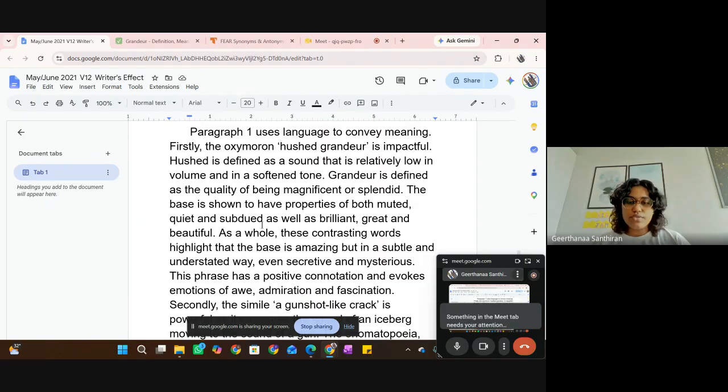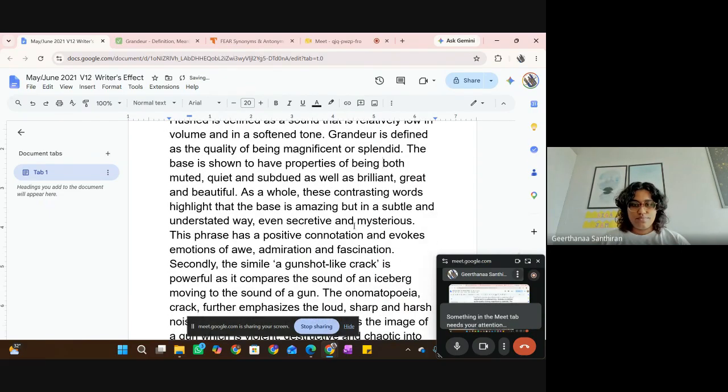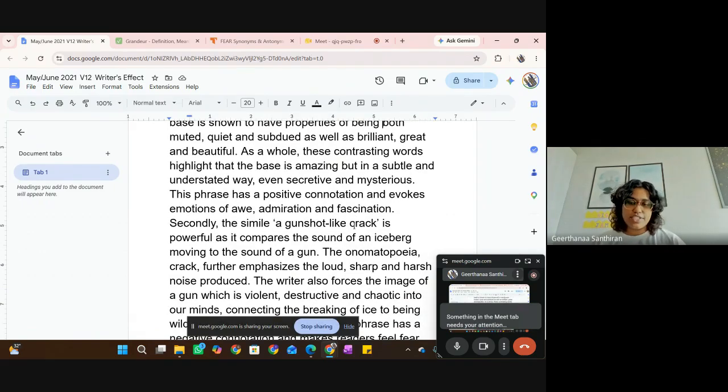The base is shown to have properties of both muted, quiet, and subdued, as well as brilliant, great, and beautiful. As a whole, these contrasting words highlight that the base is amazing, but in a subtle and understated way, even secretive and mysterious. This phrase has a positive connotation and evokes emotions of awe, admiration, and fascination.